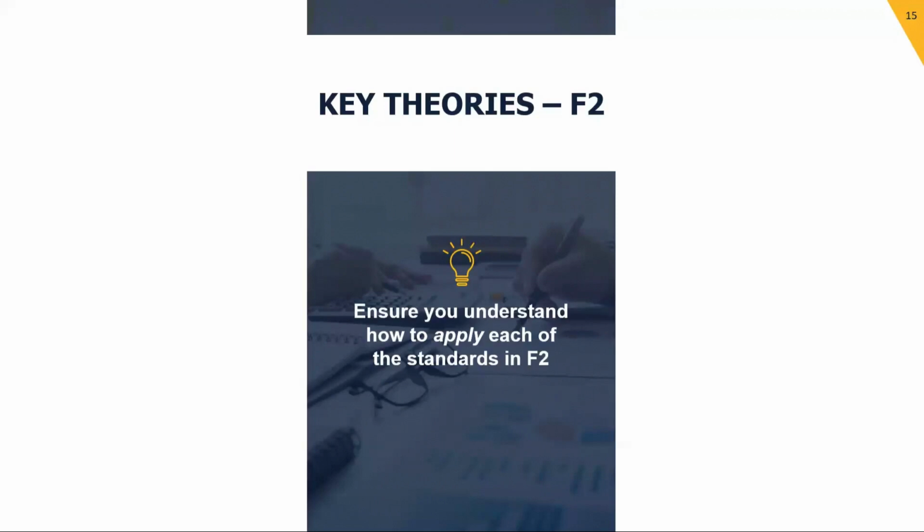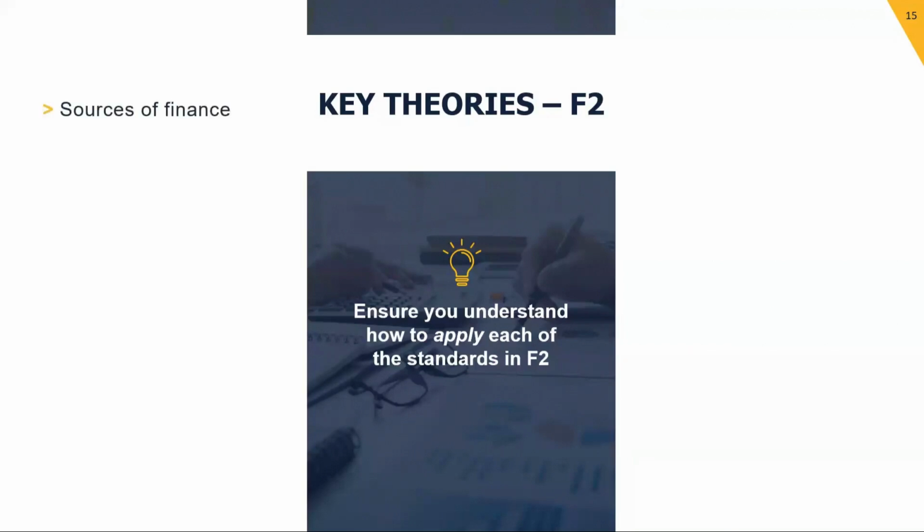Students are not able to explain accounting techniques. So what you must do is go back to your F2 accounting standard knowledge and make sure that you can write down in words how to account for each of those areas that were covered in F2.